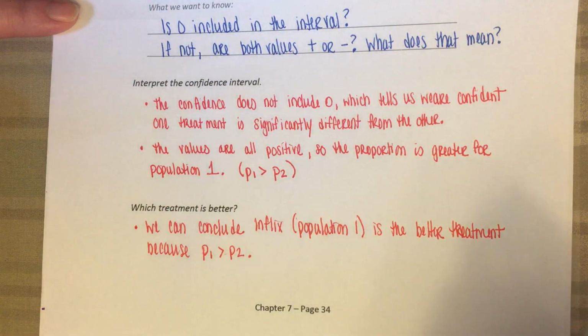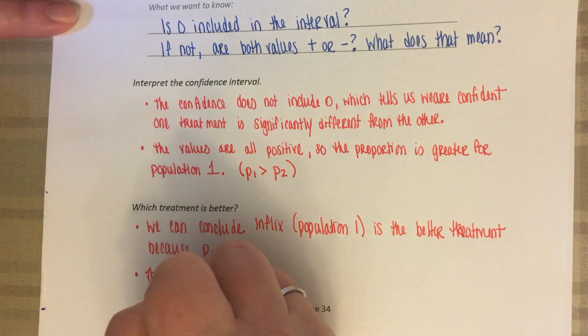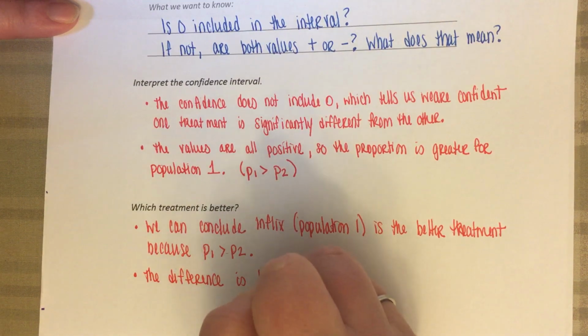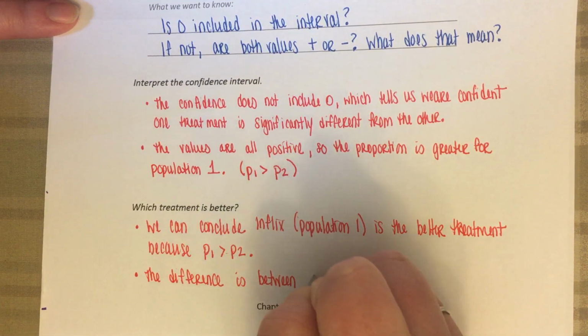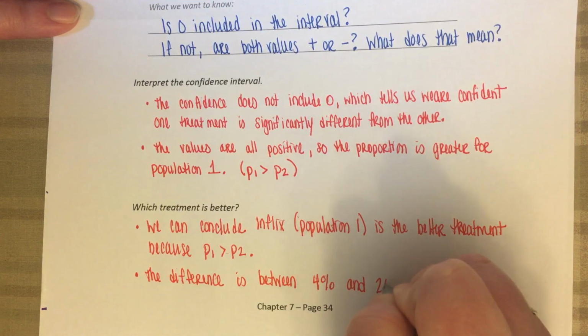And then using the numbers given to us in our confidence interval, we can say the difference is between 4% and 25%.